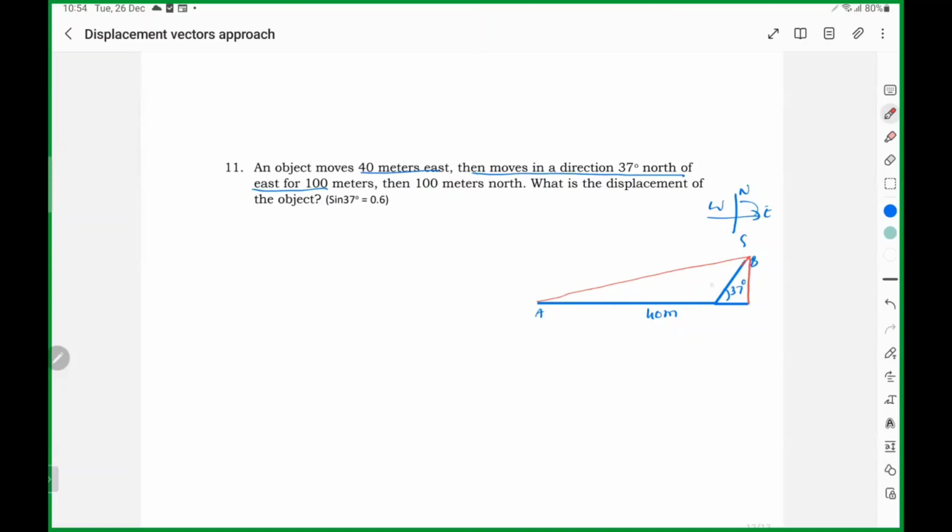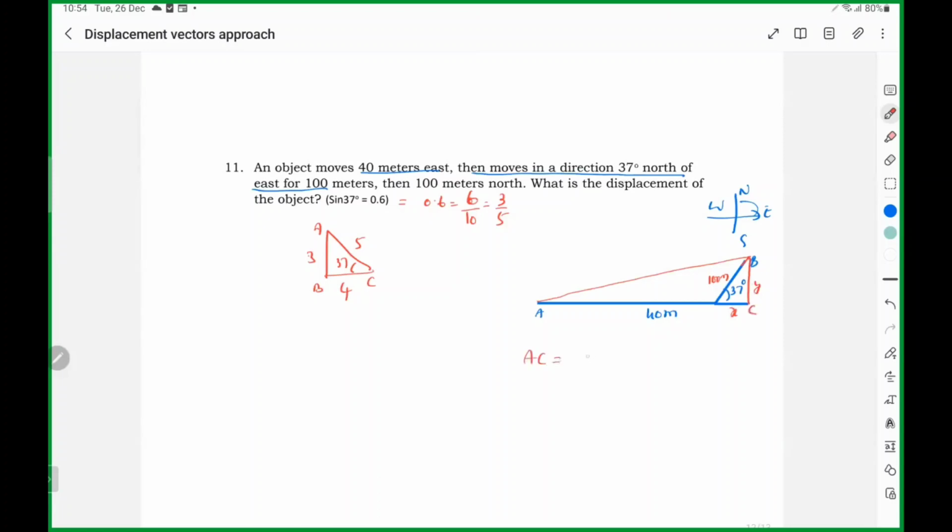So in this direction, he moved 100 meters. Sin 37 value is given as 0.6. 0.6 we can write as 6 by 10, 3 by 5. So sin 37 is 3 by 5. By using Pythagoras theorem, 25 minus 9, 16, 4. Say this is x, it is y.